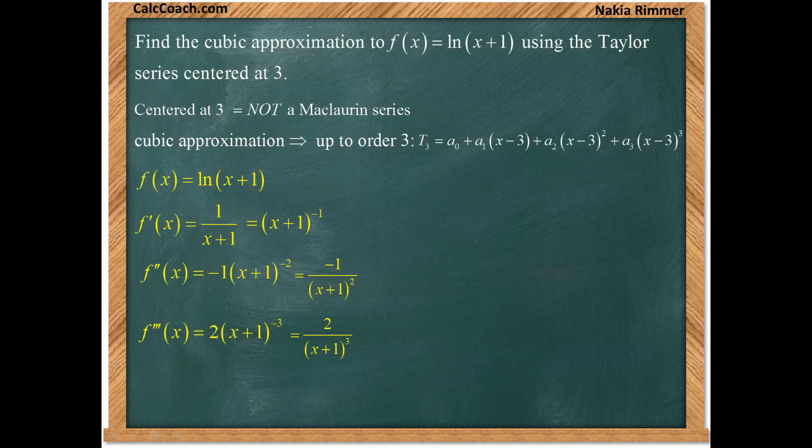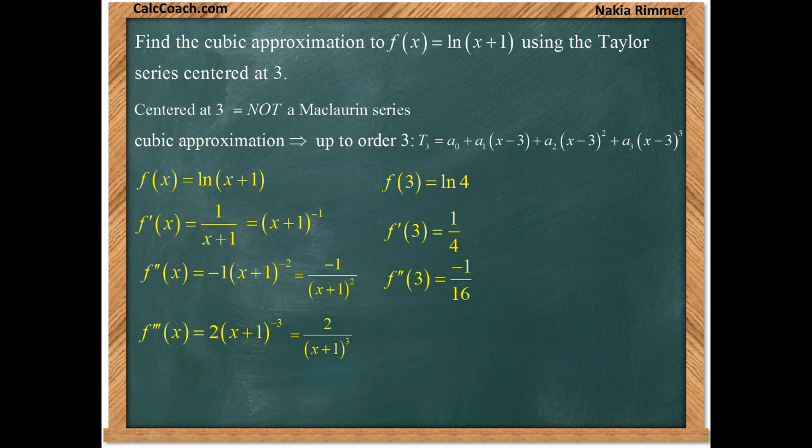When we plug a 3 into the function, you just get the natural log of 4. Plug a 3 into the derivative, we get a fourth. Plug a 3 into the second derivative, and we get negative 1/16.